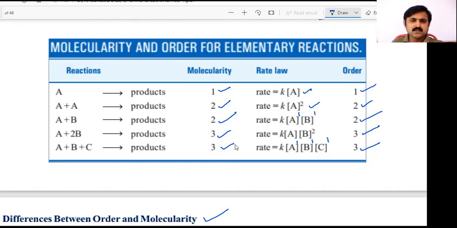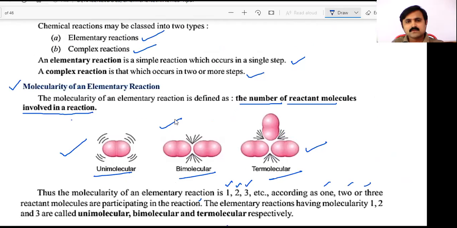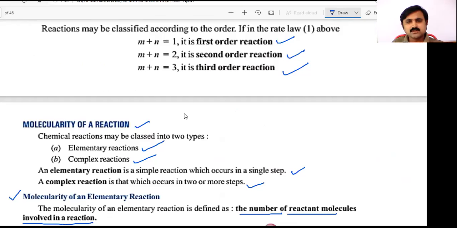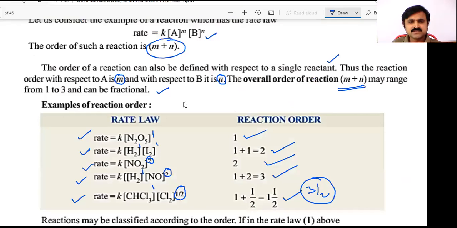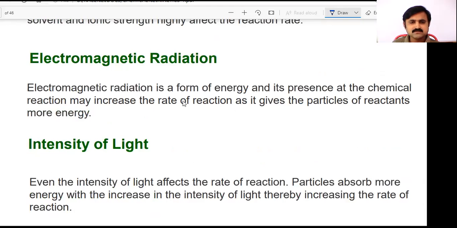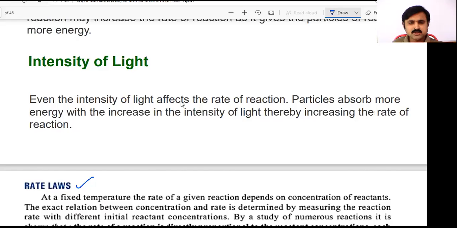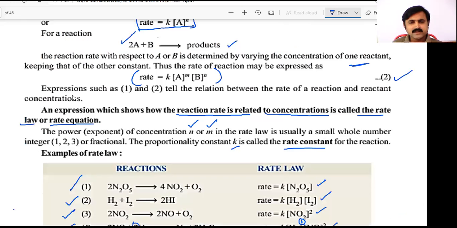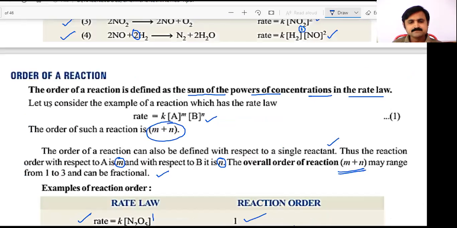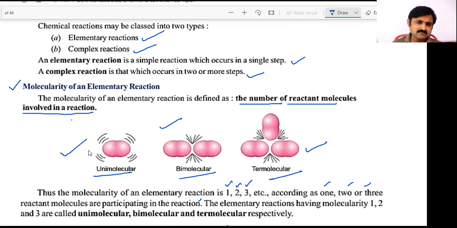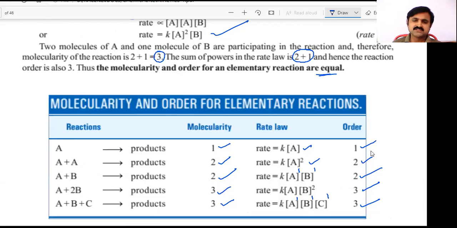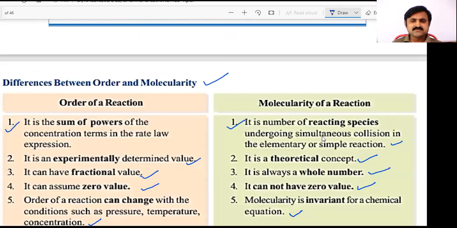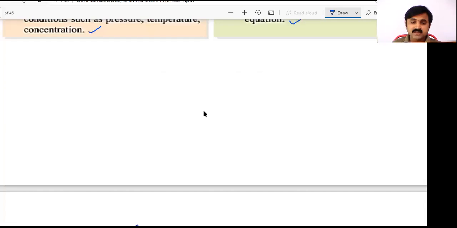From rate law I have started, and explained order of reaction, and discussed molecularity of the reaction, and molecularity and order being identical for elementary steps, and the differences from the board examination point of view, the table given.